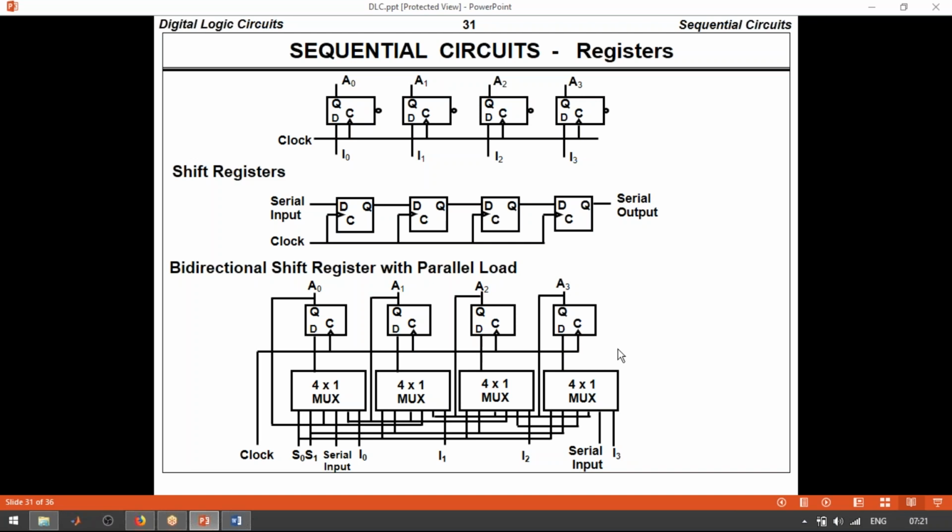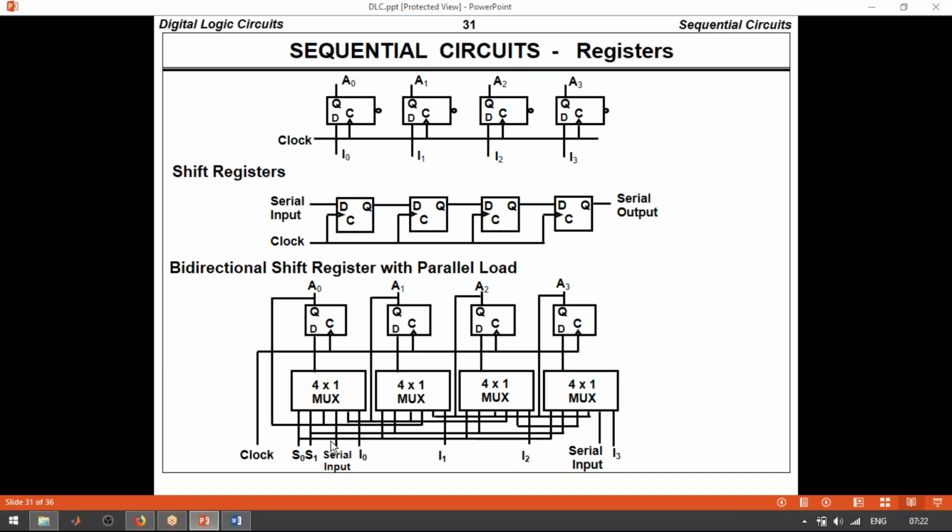Next one is a bidirectional shift register. Bidirectional in the sense that based on the selection lines we get the output. Here it is a 4 to 1 multiplexer. So 0 0, 0 1, 1 0, 1 1, 4 conditions are there, and all the selection lines are interconnected together.